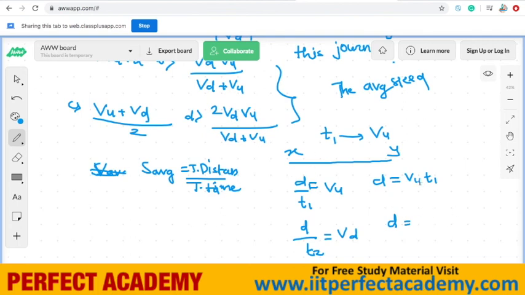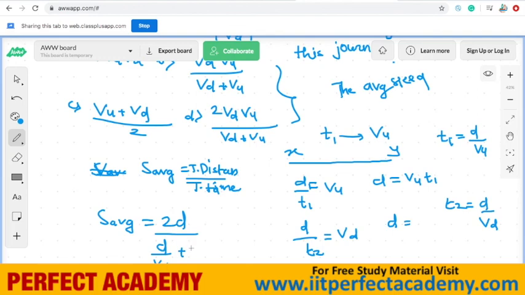T1 is nothing but d by VU and T2 is nothing but d by VD. Now S average is equal to total distance 2D divided by d by VU plus d by VD.